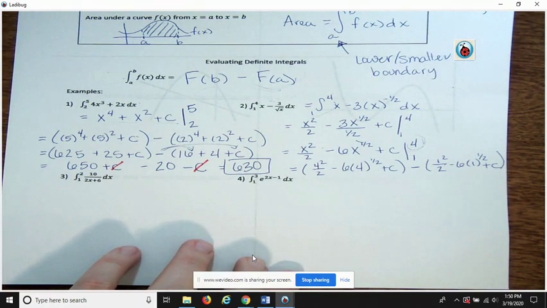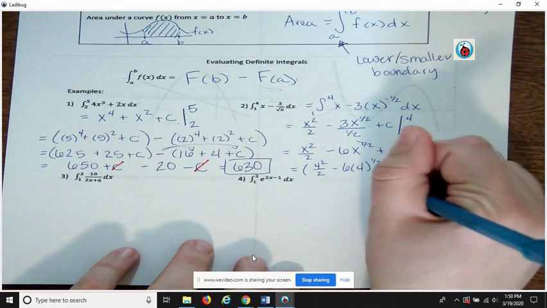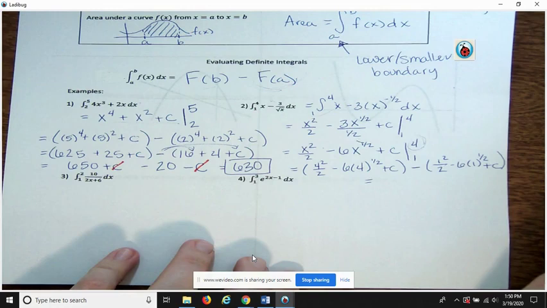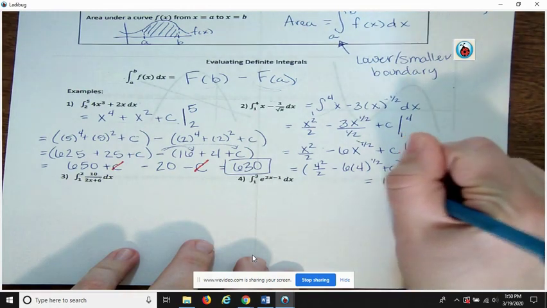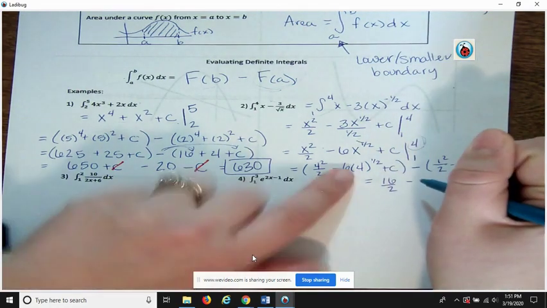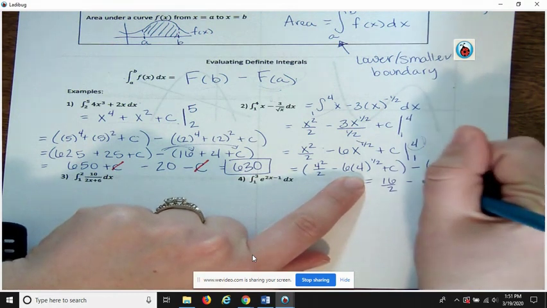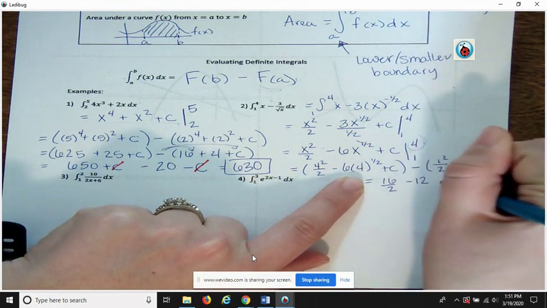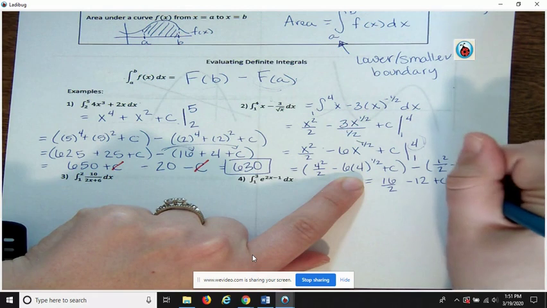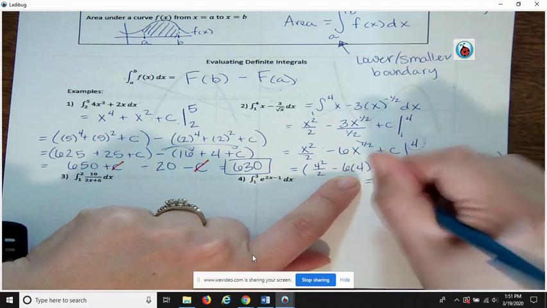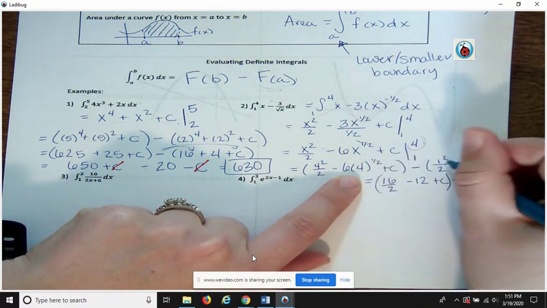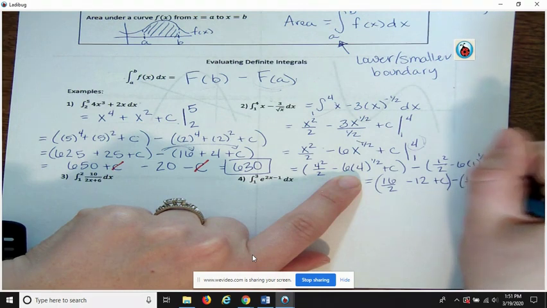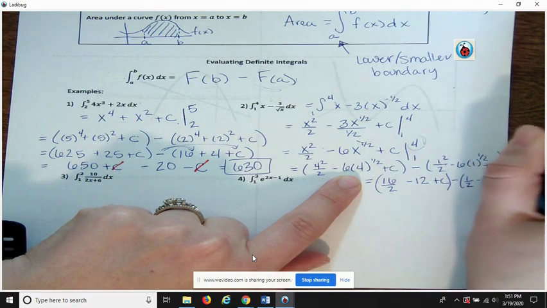And then when I simplify this, I'm going to have 16 over 2. 4 to the 1/2 power is 2, so this is really going to be minus 12 plus c. And then I'm subtracting off 1/2 minus 6 plus c.